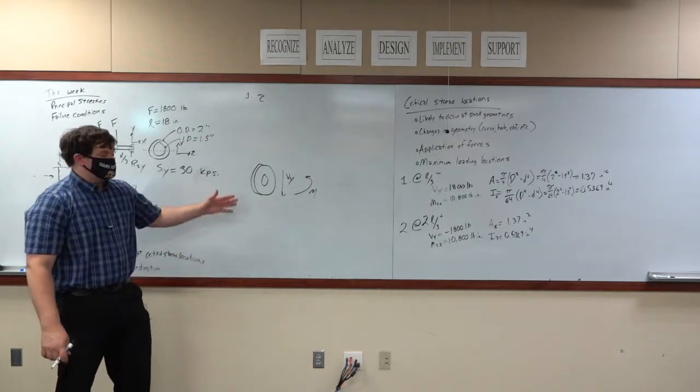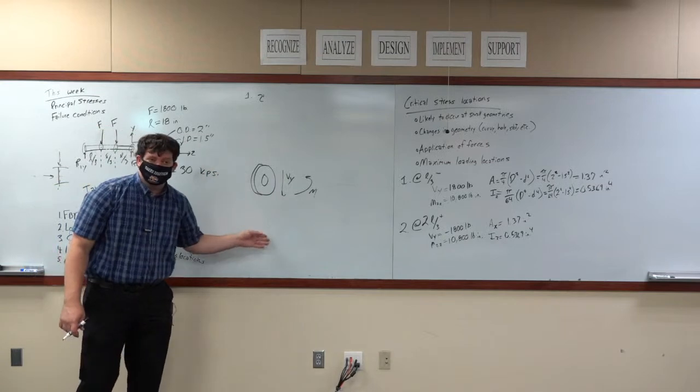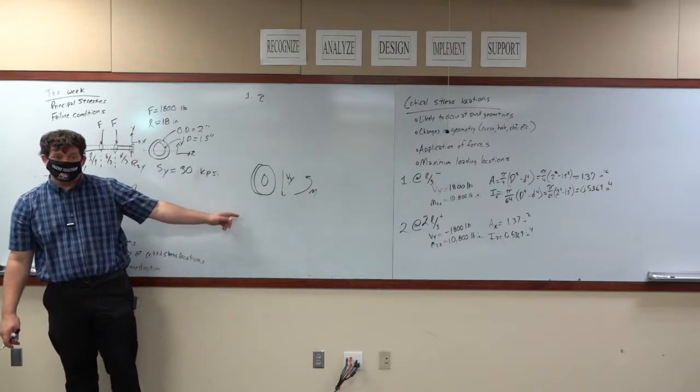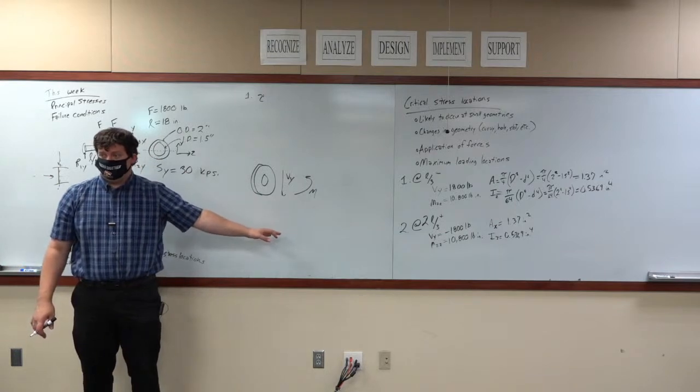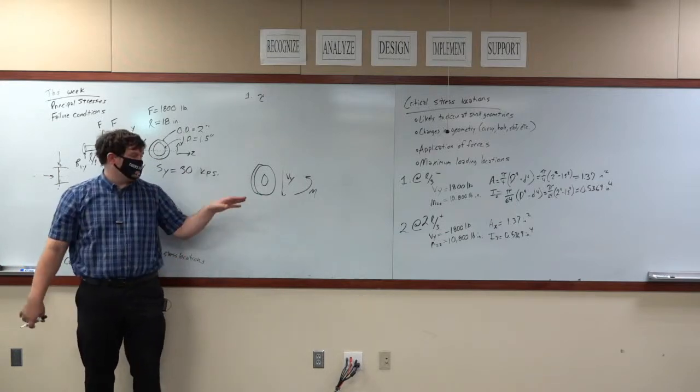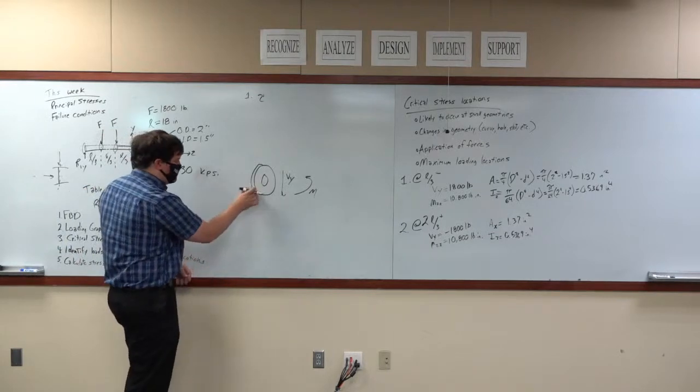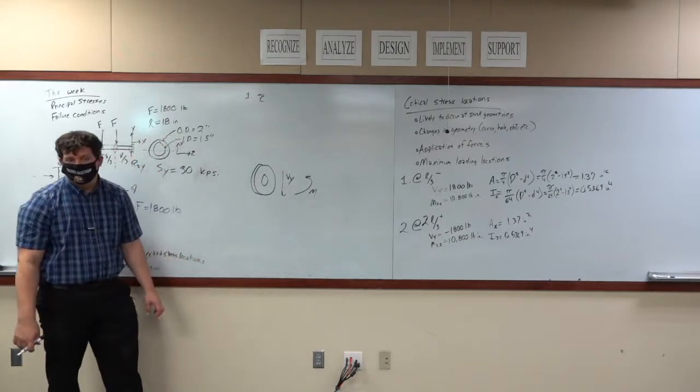So what that means is that the sum of all of these shear stresses across this face is going to sum to Vy, in general, if you only look at the front half of the loads.